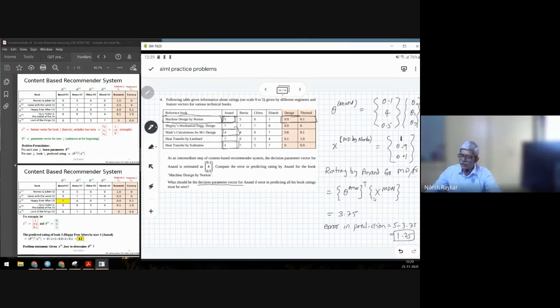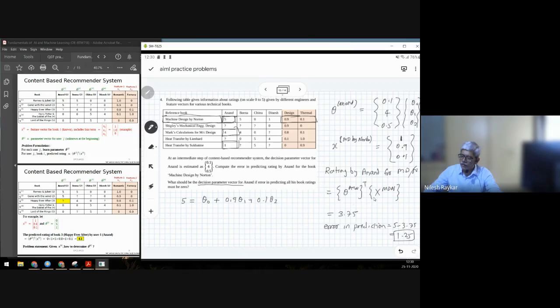So like we did here for Norton, suppose theta 0, theta 1, theta 2 are the user parameter vector for Anand. Then for the first book, the rating is 5 and that should equal theta 0 multiplied by the bias factor 1, plus 0.9 times theta 1, plus 0.1 times theta 2.